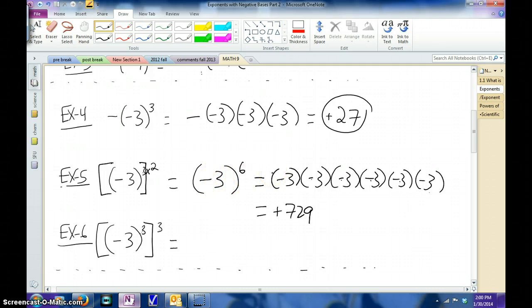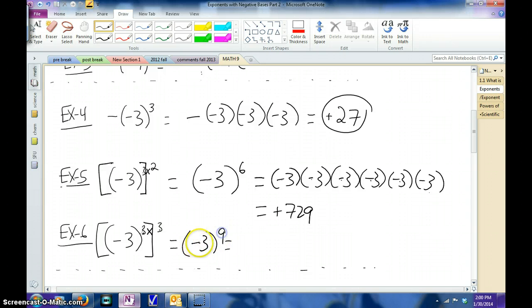Here you have negative 3, and then it's raised to the power 3. Remember, a power raised to a power, you multiply. So this will become negative 3 to the power 9, which is negative 3 times itself 9 times. Well, you tell me, is this going to be negative or positive?